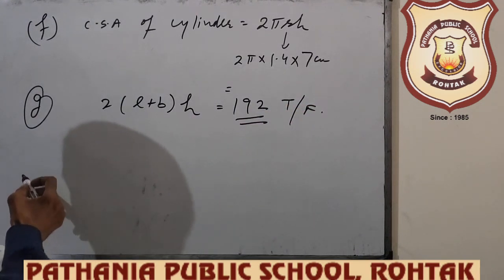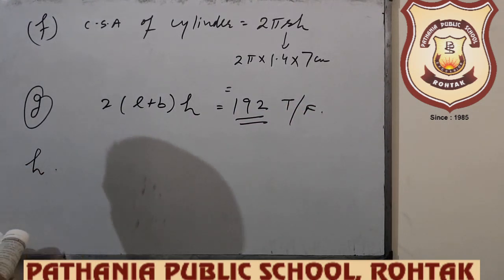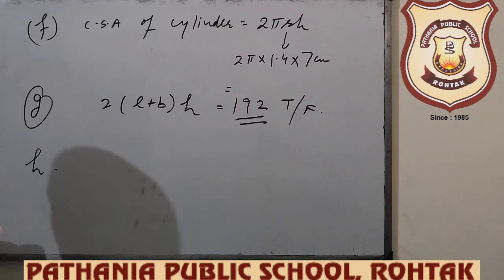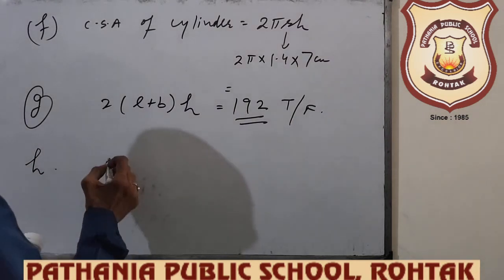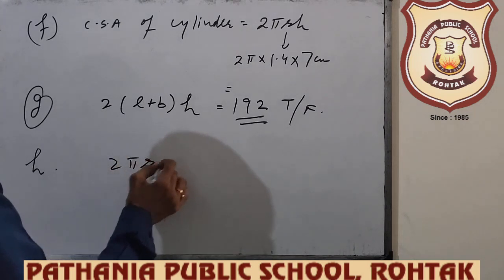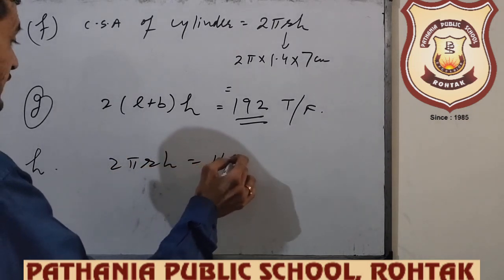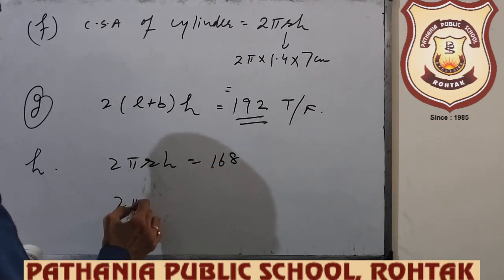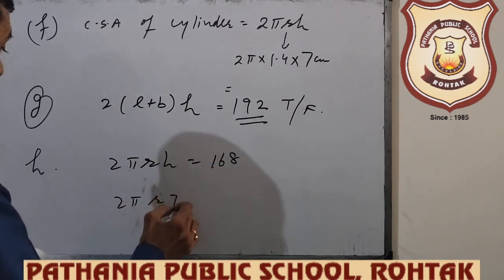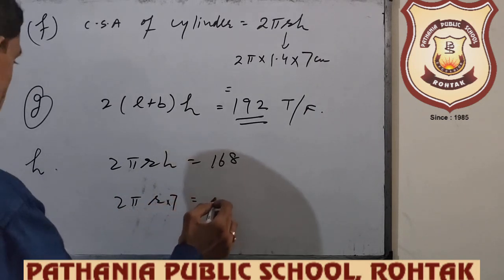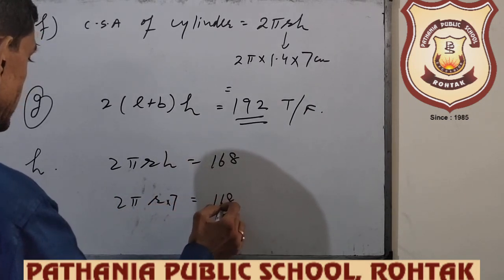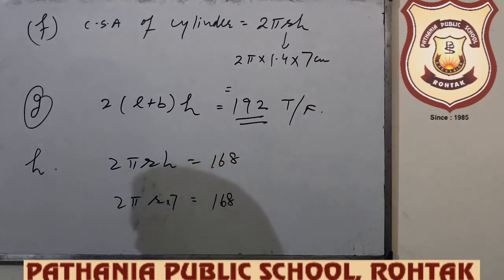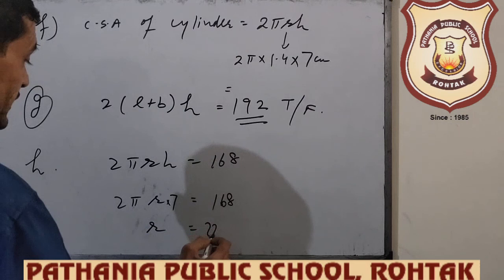Next H part. H part is what? Curved surface area of cylinder is 168. 2 pi r h is equal to 168. If altitude is 7, height is 7, then find what is the diameter. तो r निकालो यहाँ से भाई.